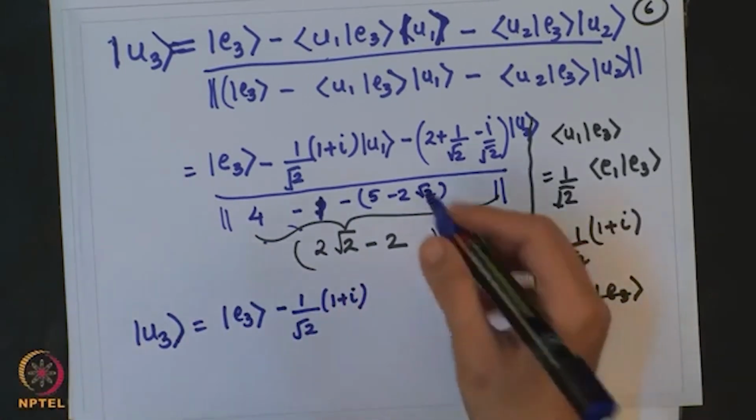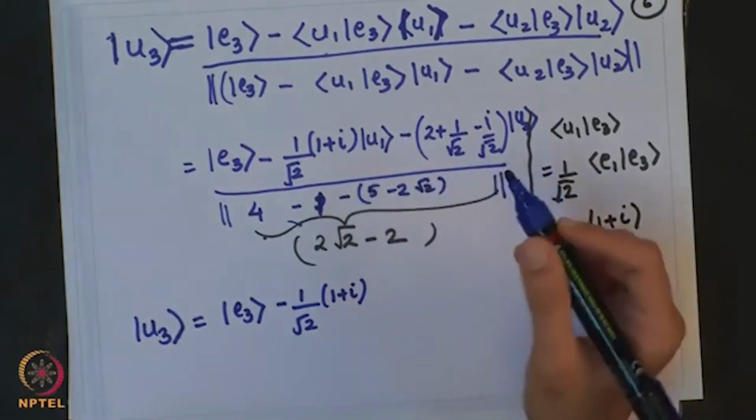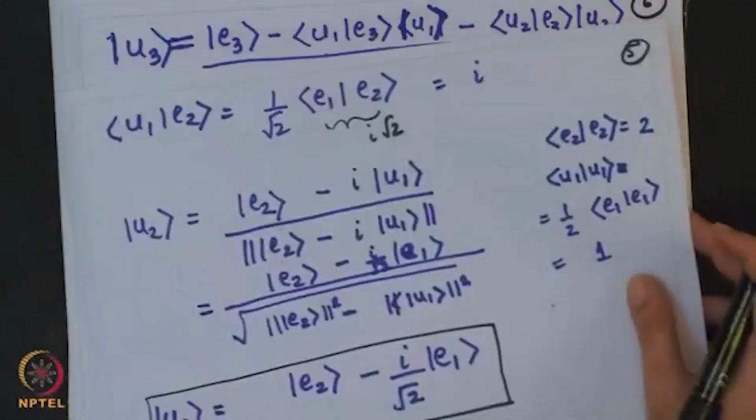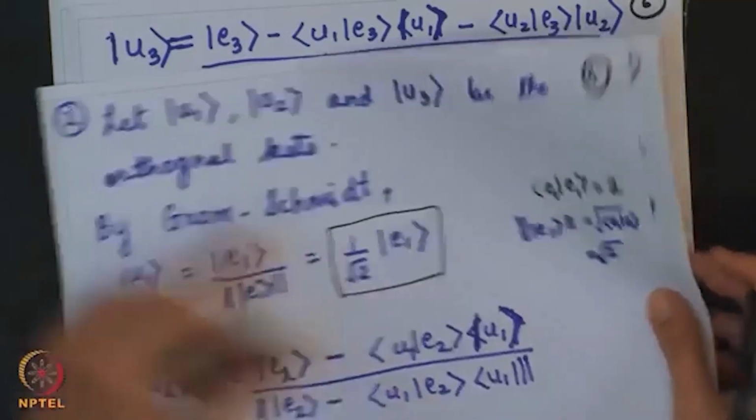Okay. At this point I can substitute for U1, and what was my U1? This is my U2, this is my U1. U1 was 1 by root 2 E1.